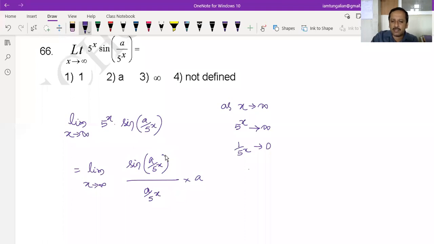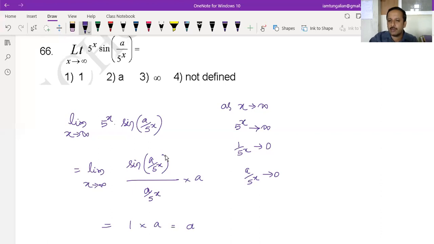So a by 5 power x also tends to 0. So this is as good as limit theta tends to 0 sin theta by theta. So this expression will be equal to 1 into a, which is a.